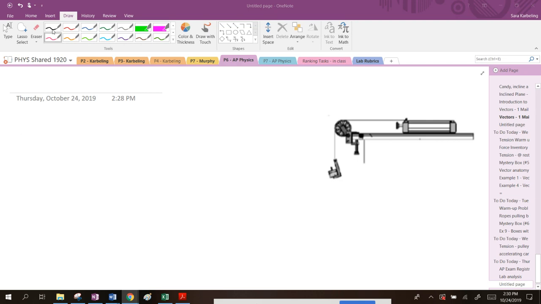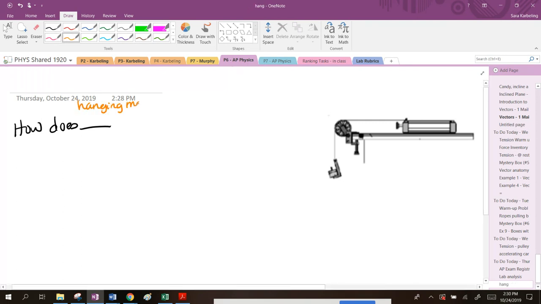So the question was, what were our choices? How does hanging mass or cart mass affect the system's acceleration?